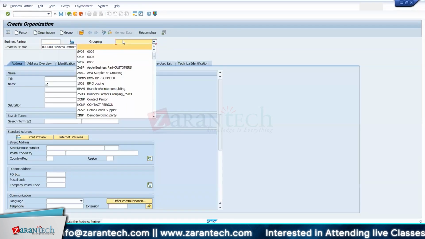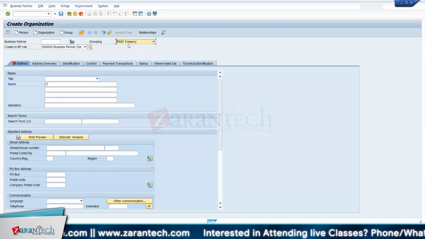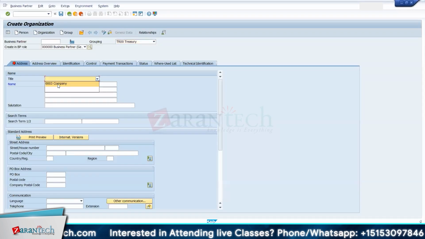Okay, so here I can select this. So the number range will be assigned from this. Okay, whatever number range we have assigned here, and let's create one business partner.